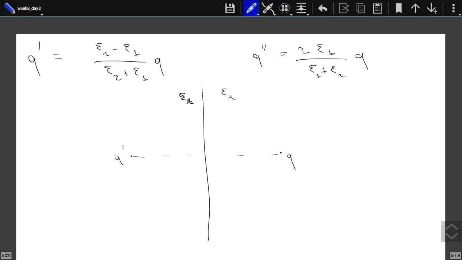So the electric field lines, well, let me just draw them closer. So the electric field lines will start from the positive charge. They will bend toward the negative charge.